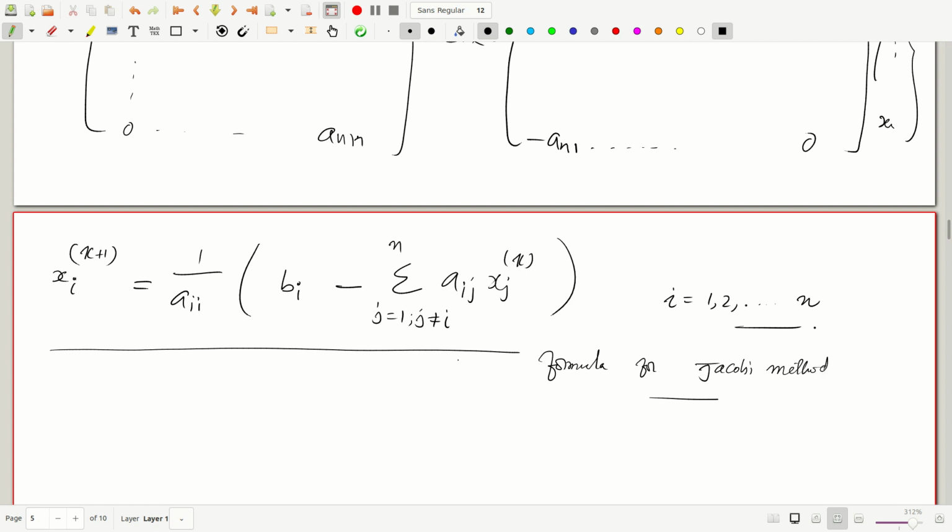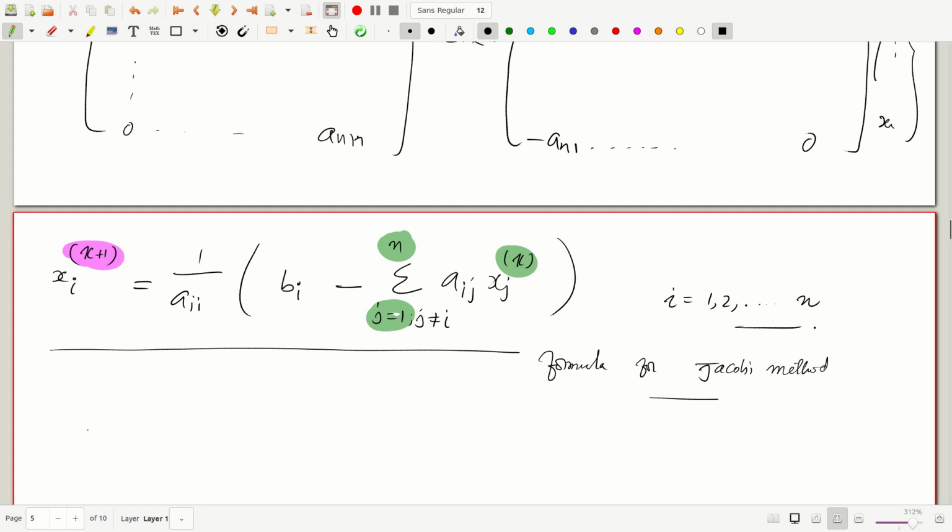Now, coming to parallelizing this particular method, what we see is that we have a dependency: x_i^(k+1) depends on x_j^(k), so k plus 1 depends on k, and not only that, it depends on all the values, j equals 1 to n, of x_j^(k).